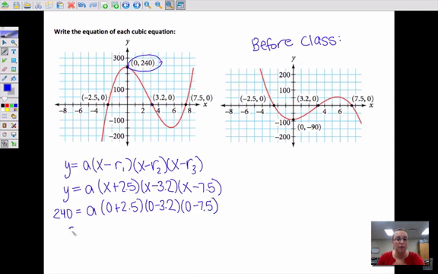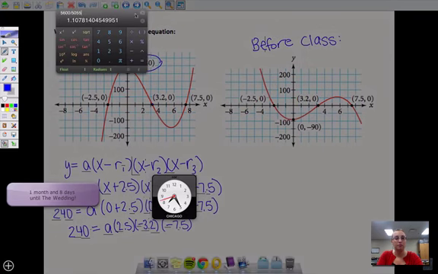So really I'm going to have 240 equals a times 2.5 times -3.2 times -7.5. I'm going to find out what that equals when I multiply those.